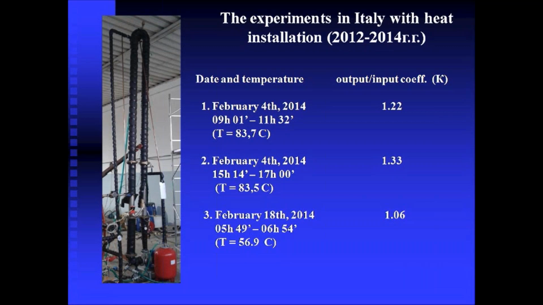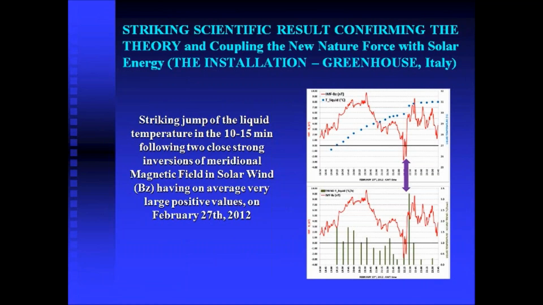We see a fantastic phenomenon in our experiment. The jumps of output-input coefficient correspond to the variation of magnetic field in solar wind. The European can explain this phenomenon using new force.